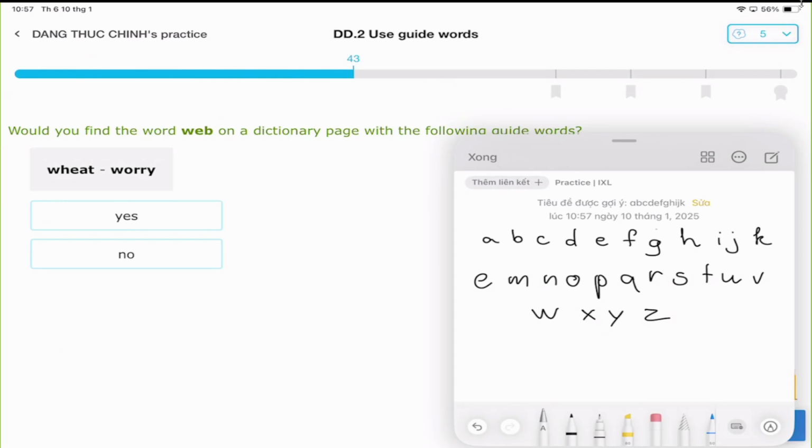So H here is wheat and worry, between H and O. But I definitely did not see E here, because E already came before H. So web, we would not find the word web on a dictionary page between wheat and worry. So no.